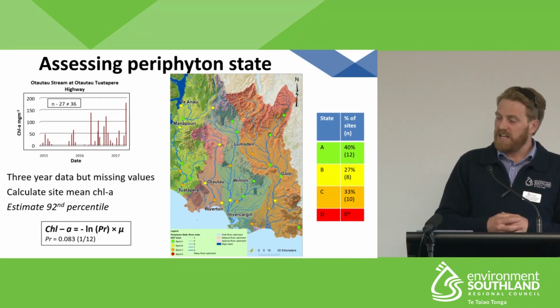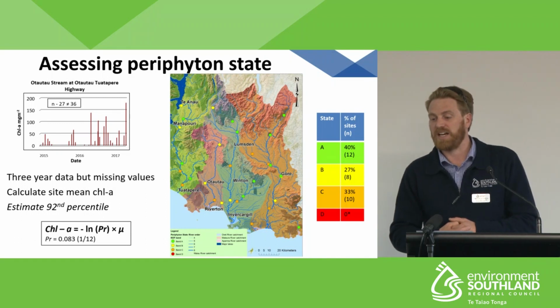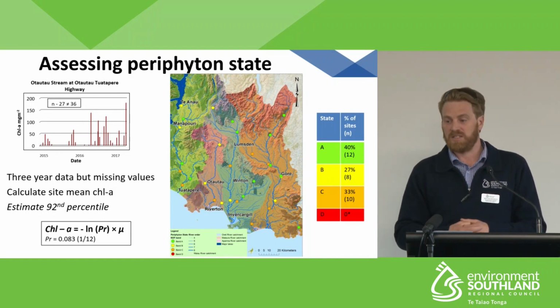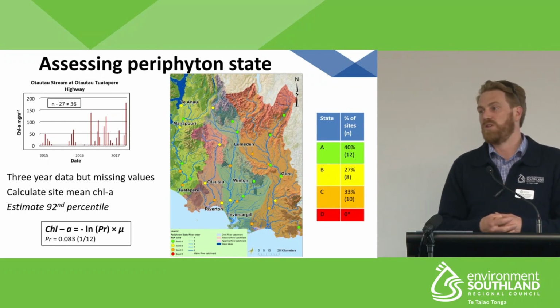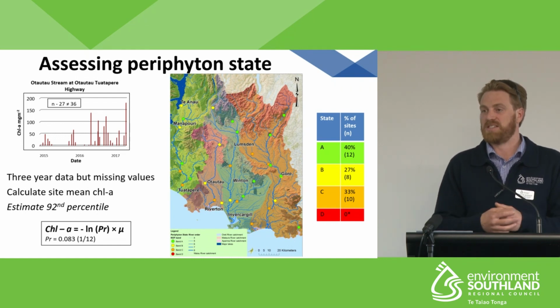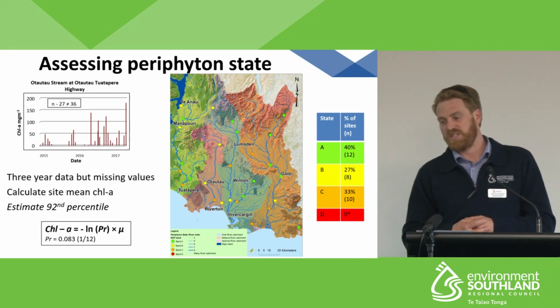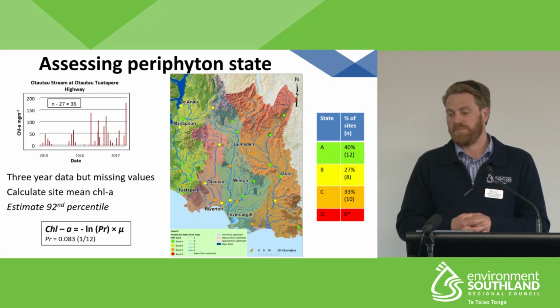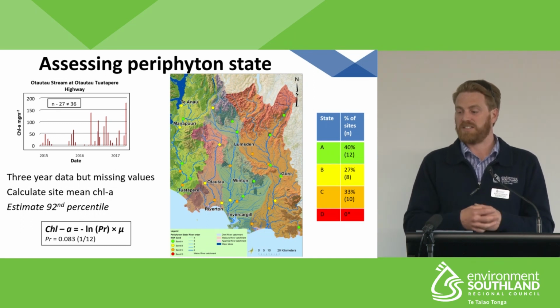We've taken that observation data and calculated a site mean chlorophyll A, and then used that site mean to estimate the 92nd percentile, akin to the frequency of exceedance of 1 per year within rivers classed as the default by the National Policy Statement, or using an 83rd percentile for productive classes.